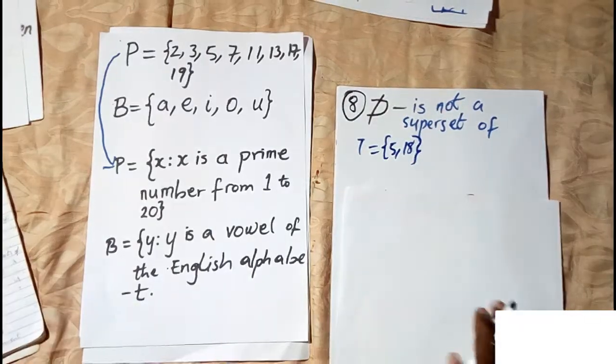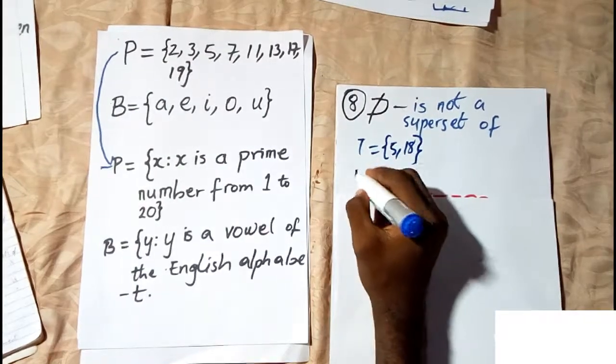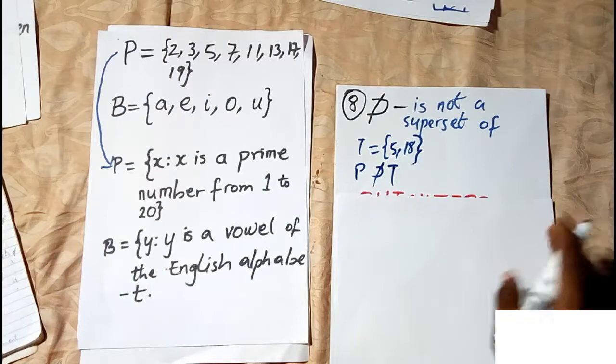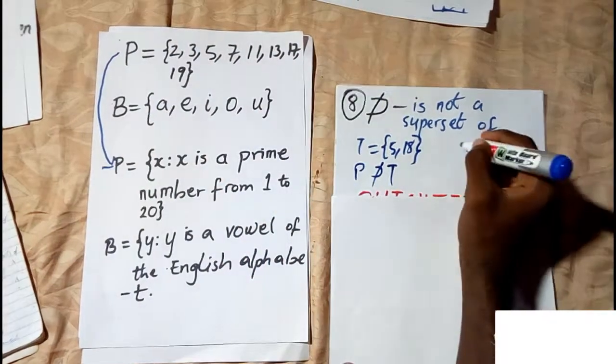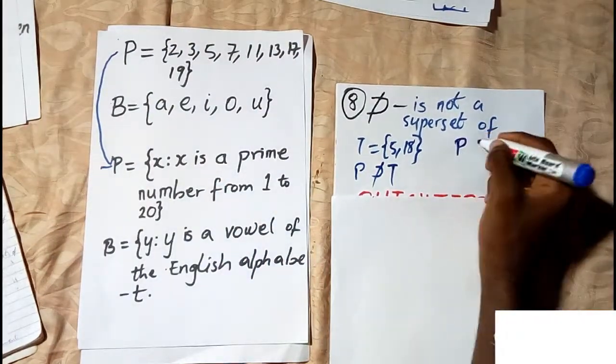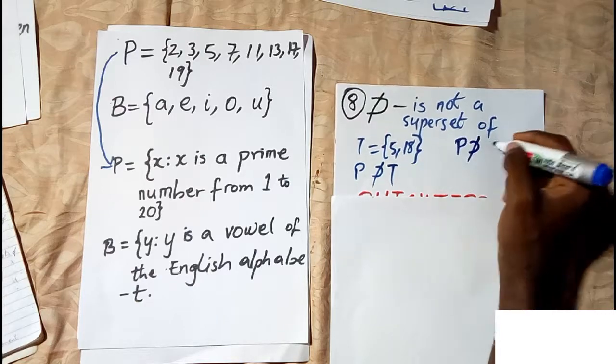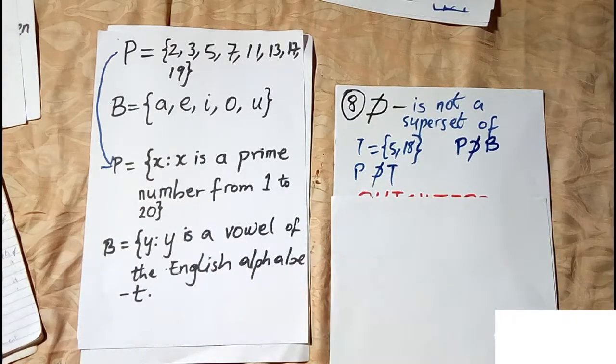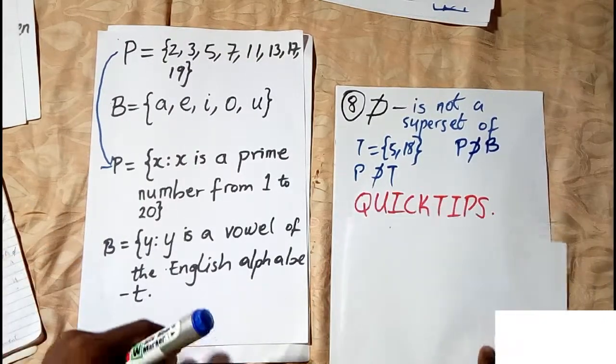So now we have that P is not a superset of set T. And also from here we can say P is also not a superset of set B.